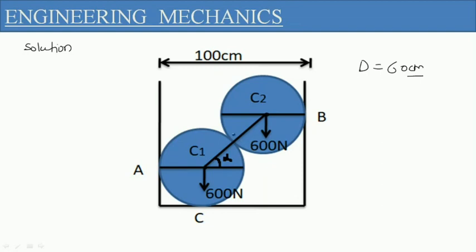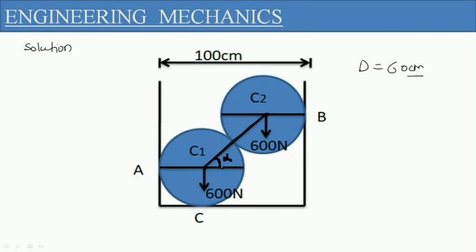Here we will join these two centers with a straight line. This line C1C2 represents the exact distance between the two centers. So this inclined line is defined by joining the two centers C1 and C2.